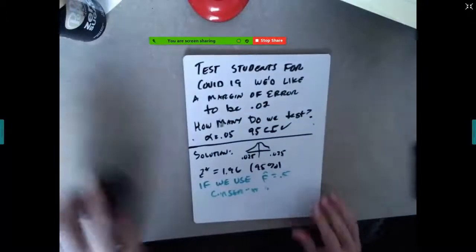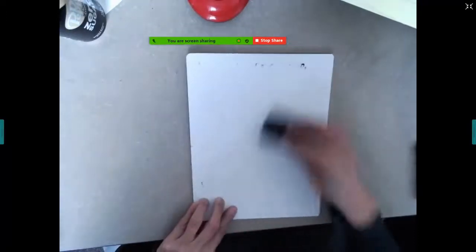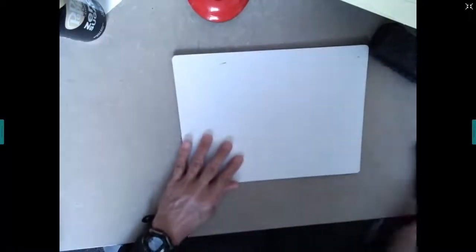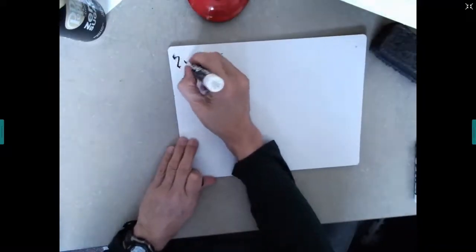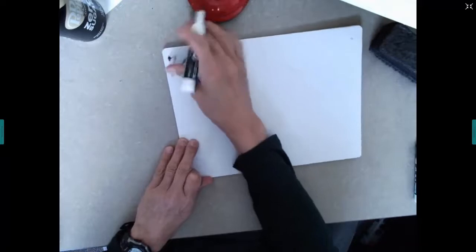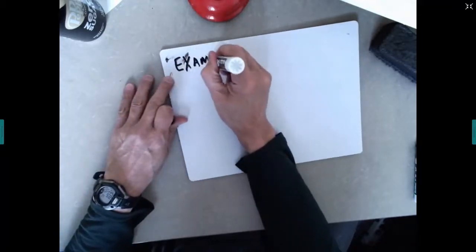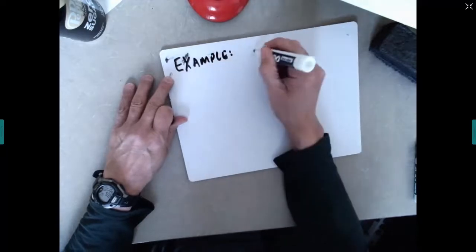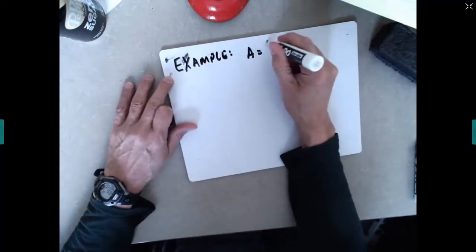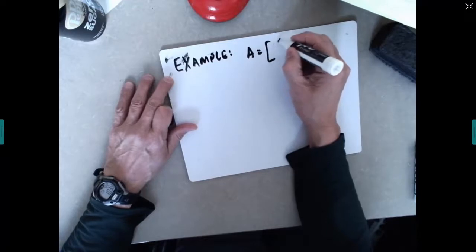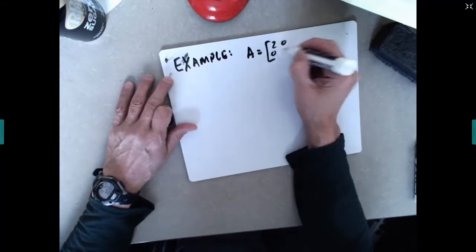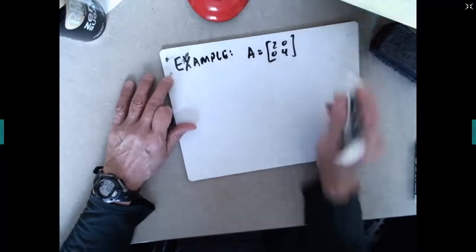One example I'd like to do, let's start off with an easy one. Example. Let's say A equals, let's do 2 by 2s, let this be 2, 0, 0, 4, just for grins.